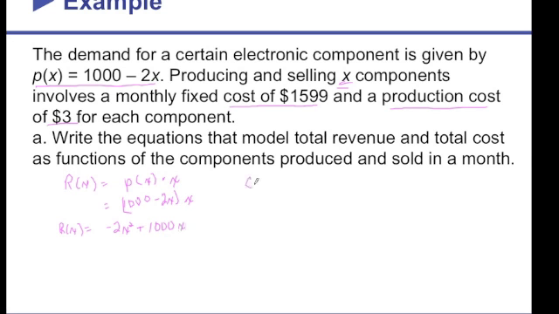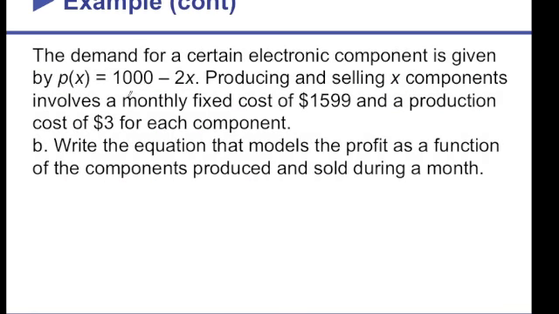My cost function then, well, the costs are $3 for each component, so 3x, and then plus that fixed cost of $1,599. So here's my cost function. Here's my revenue function.